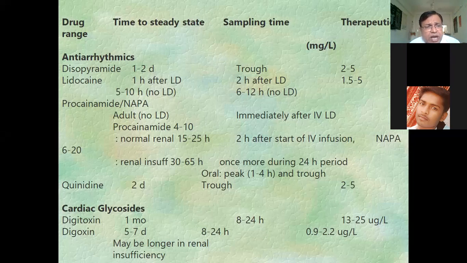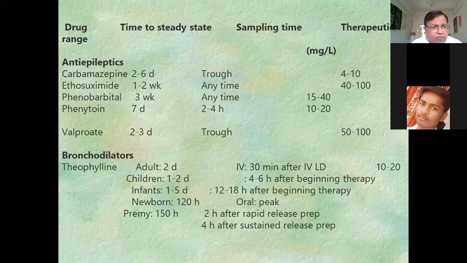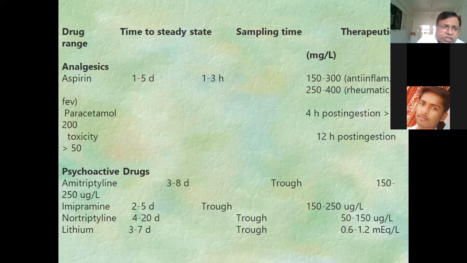Next is anti-epileptic drugs: carbamazepine, ethosuximide, phenobarbital, phenytoin, valproate, and bronchodilator. The bronchodilator theophylline is also used for therapeutic drug monitoring. Next is analgesics, aspirin, paracetamol; psychoactive drugs, amitriptyline, imipramine, nortriptyline, lithium. They are used for the same.